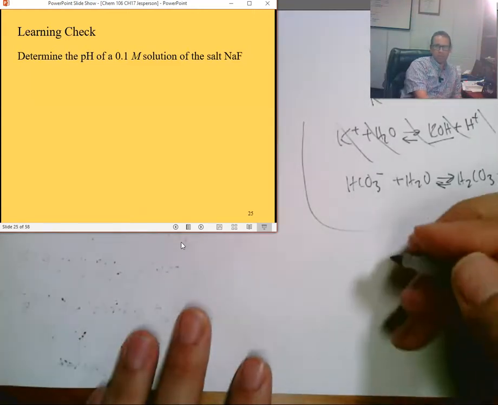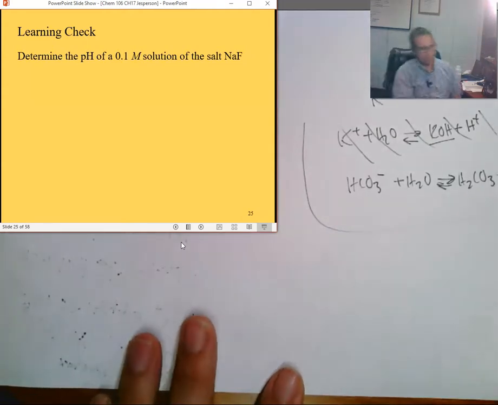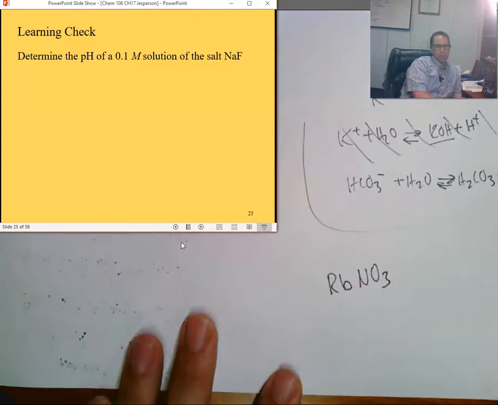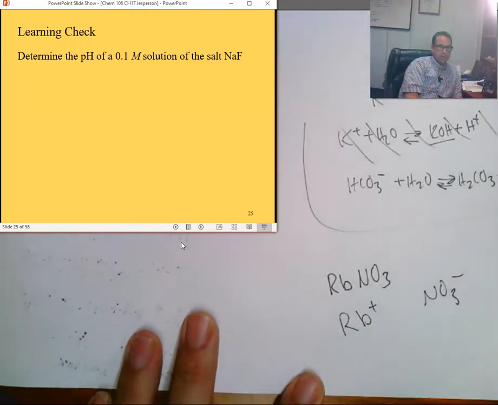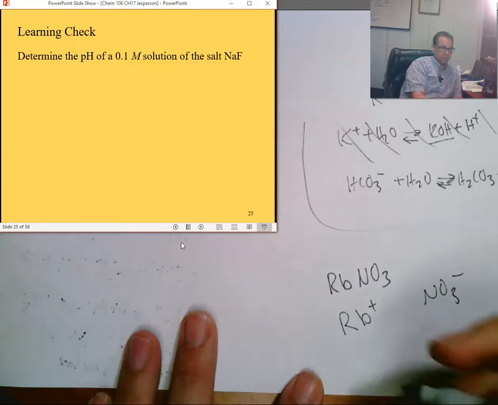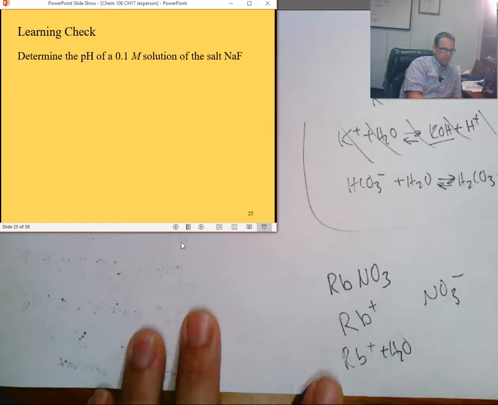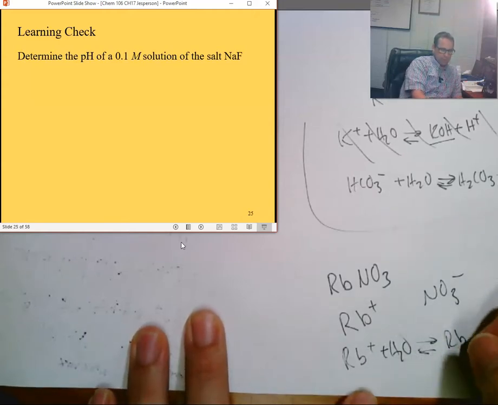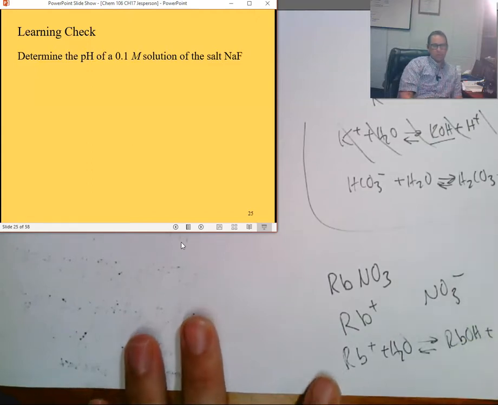Another quick example here. If I have rubidium nitrate, take our ions, NO3- and the rubidium ion. You can combine it with water, positive charge, therefore theoretically it might take a hydroxide ion and form rubidium hydroxide and the hydrogen ion.